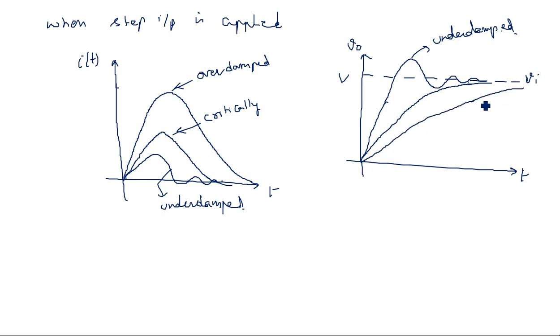Critically damped and overdamped look similar but with different amplitudes. So this is the way an RLC circuit behaves when a step input is applied, and it particularly acts as a resonant circuit. Okay, thank you.